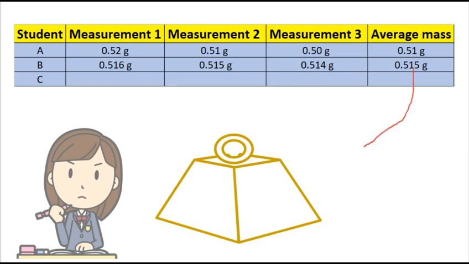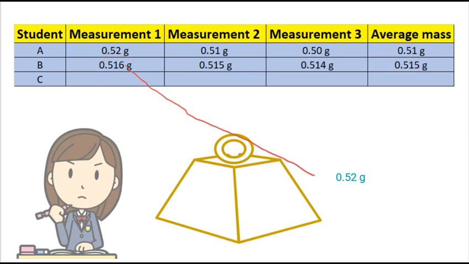Now she came and she reported that this stone weighs 0.515 grams. Now let's look at her data. Let us look at the first data. She got 0.516 grams, but you know the stone weighs how much? 0.52 grams. There is a very small difference. Difference of how much? 0.004 in the first case. Fine.